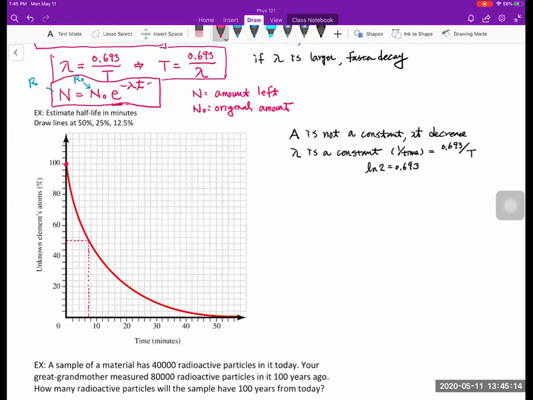If you do another estimation, you might get a better one. For the second half-life, this is 10, 12, 14, 16, probably about 17 minutes. So 17 minutes gives you 2 half-lives, so my half-life is about 8.5 minutes.